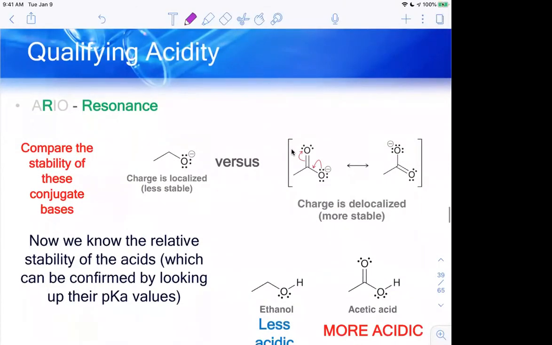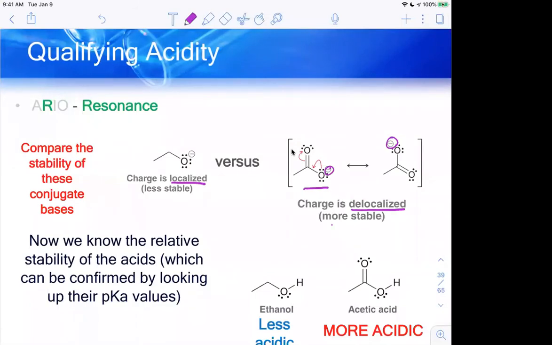If I do this, I get this alkoxide where the negative charge is localized on that oxygen, or I'm going to get this one where, if I follow my arrows, the charge is now delocalized because it's on both of the oxygens. It's stabilized by this resonance structure that I can draw.